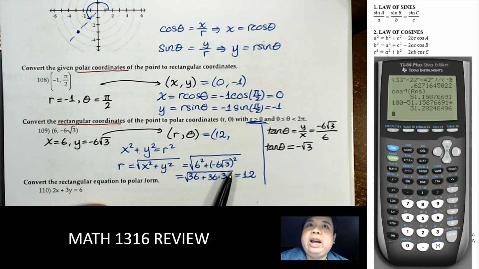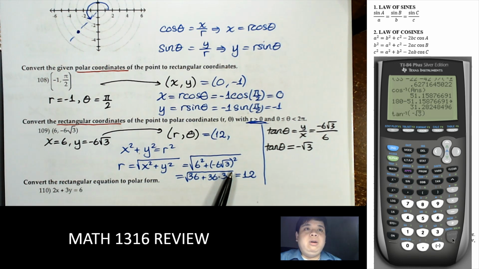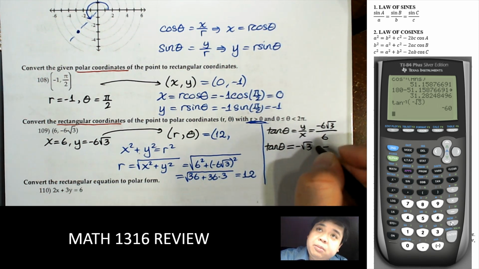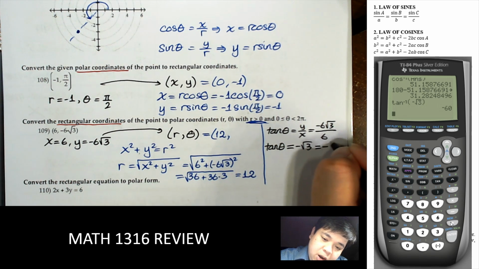Just have to bring the calculator up again. Tangent inverse of negative square root of 3. Right. Negative 60 degrees. Let's use pi. So negative pi over 3.